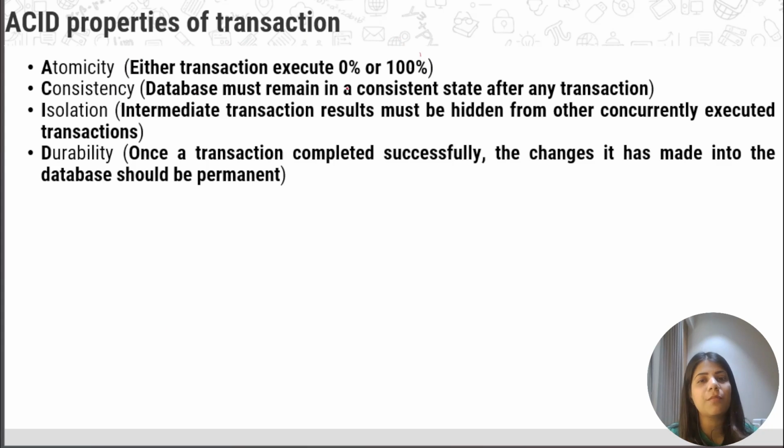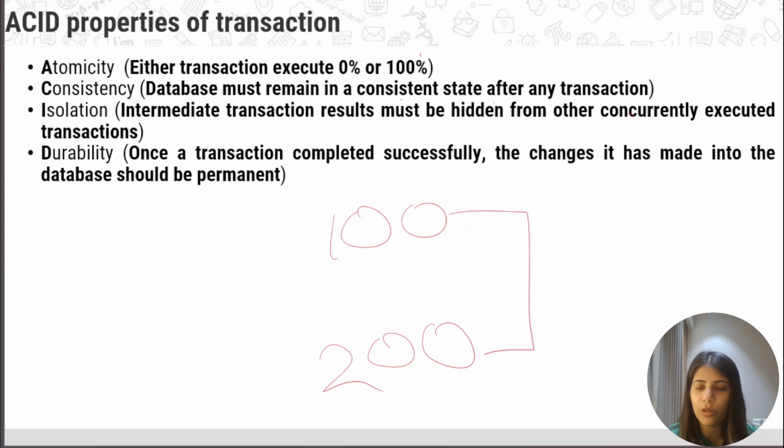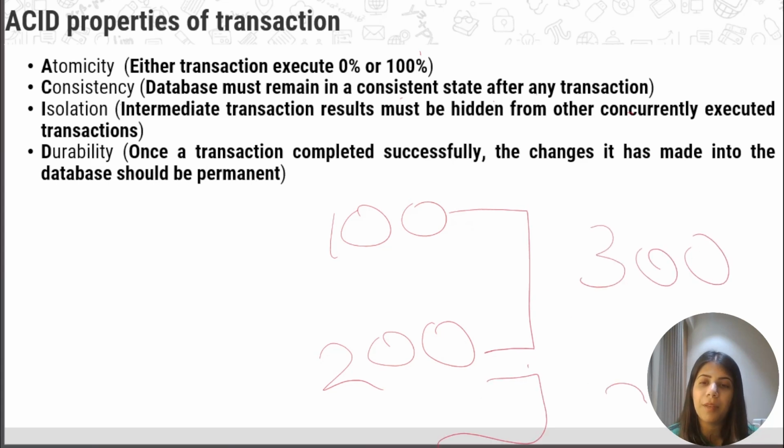Consistency means database must remain in the consistent state after any transaction. The state has to be same. अगर A के account में 100 है and B के account में 200 है, so even after any transaction occurred, पहले भी इन दोनों का total 300 था and बाद में भी transaction के बाद में भी 300 ही total होगा. Even if this becomes 50 and this becomes 250, still the total will be 300 only.